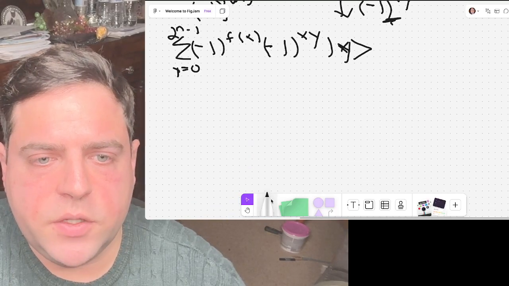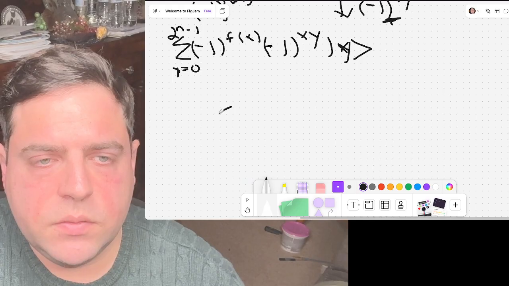Now, after all these gates here, we're going to have a state that looks something like this.